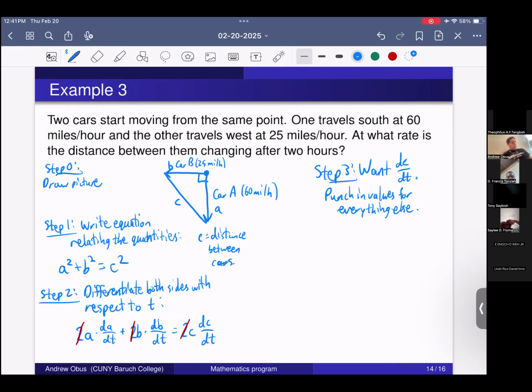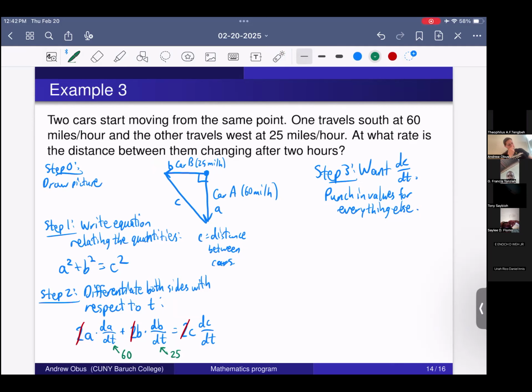Okay. Well, a few of these things are easy, right? We said car B is traveling west at 25 miles an hour. That means dB dt equals 25. It's a constant rate of change because it's at a constant speed. Likewise, car A is traveling south at 60 miles an hour. So the change in A with respect to t is a constant rate of change.